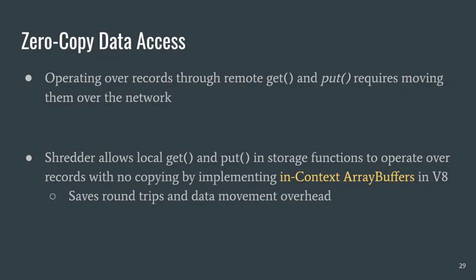That's basically what zero copy data access means. Shredder allows the local get and put in storage functions to operate over records with no copying by implementing in-context array buffers in V8. This saves round trips and data movement overhead.